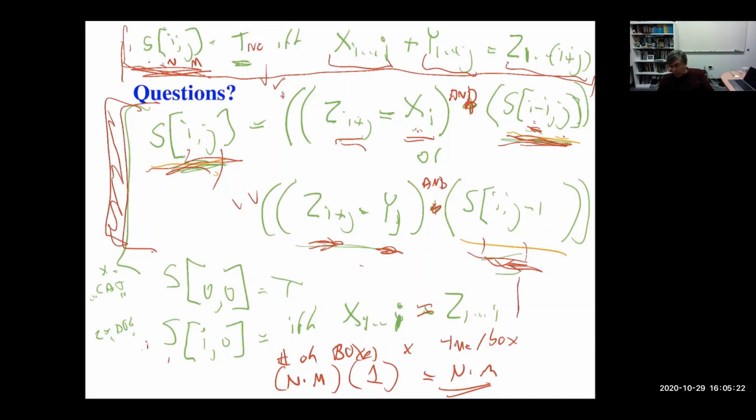You are going to build a matrix that is n by m, and each one of these cells is going to store a value. We kind of agreed, if you want, that this value over here should be true.